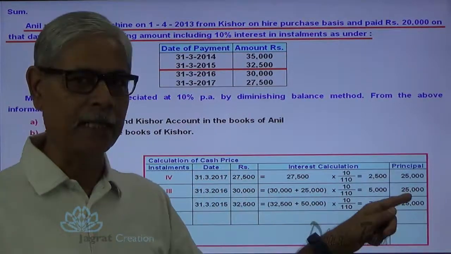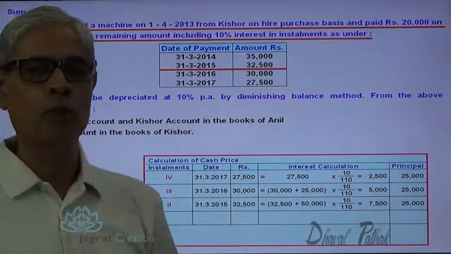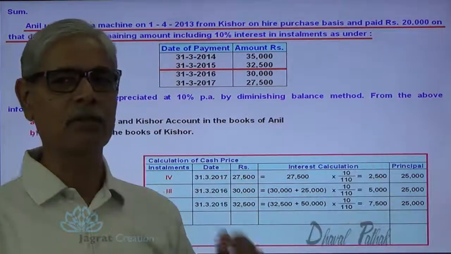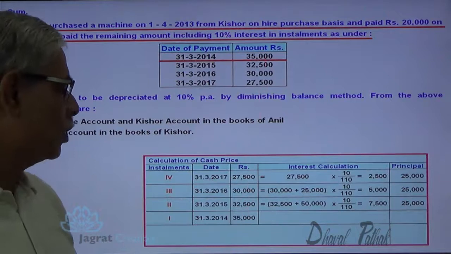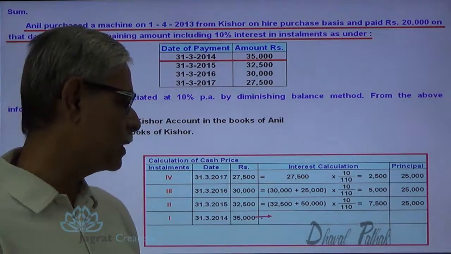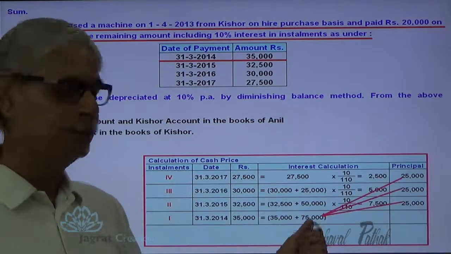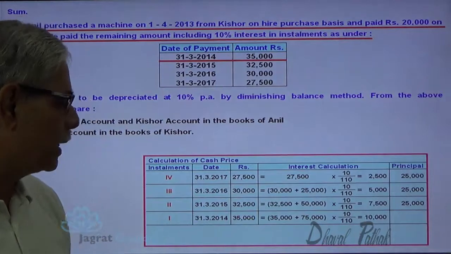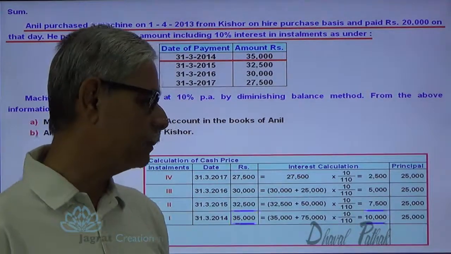So the 75,000 were outstanding after payment of 35,000. So 35,000 was the payment made. After that, 75,000 were outstanding. So amount with interest was 35,000 plus 75,000. So 35,000 plus 75,000 into 10 upon 110. So you will get the interest element to be 10,000. 35,000 minus 10,000, 25,000 is the principal sum paid.